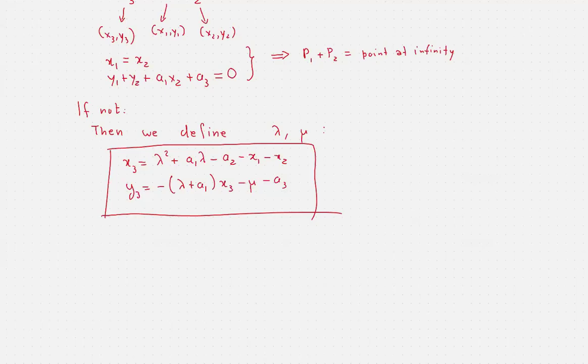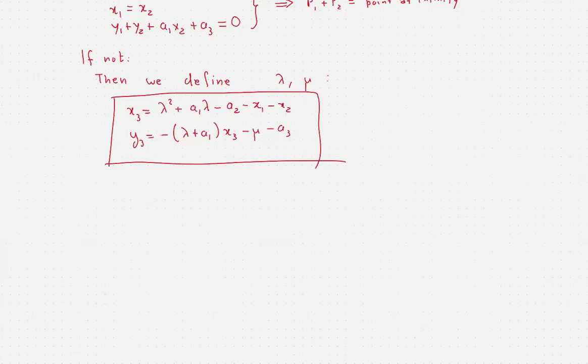And lambda and mu are defined in two different ways. So let's start with lambda. Lambda is given by just the slope between the two points, if this slope makes sense, if the denominator is non-zero. Otherwise it is given by an expression that involves differentiation.